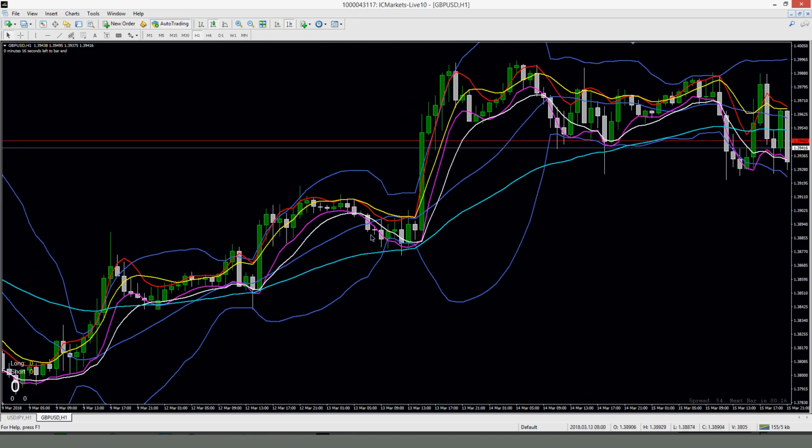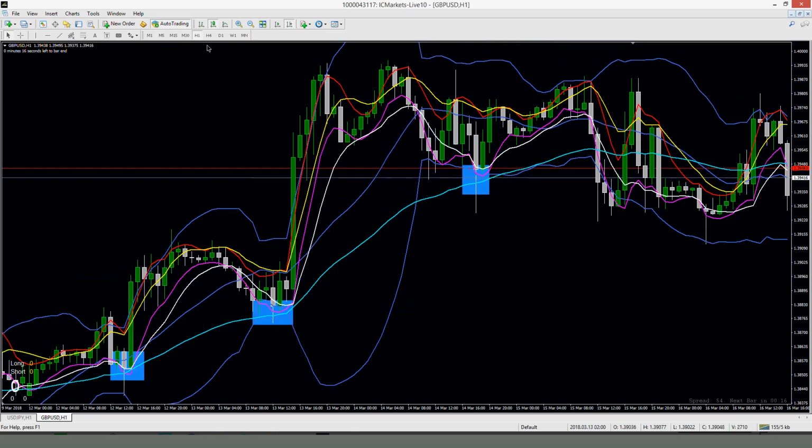Whenever there's an extreme at the region of the MA50, there's a potential buy setup on a higher time frame. For example, there's an extreme over here, an extreme at lower BB, and another extreme over here. These are in H1.